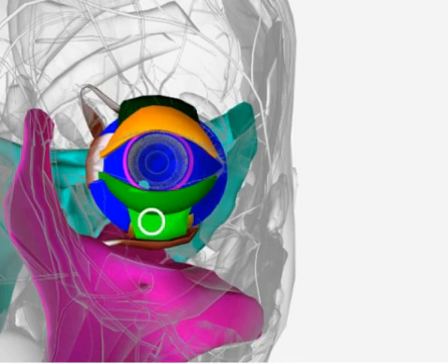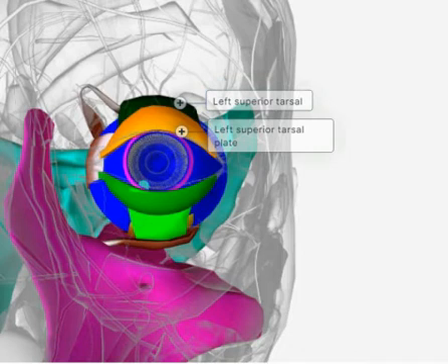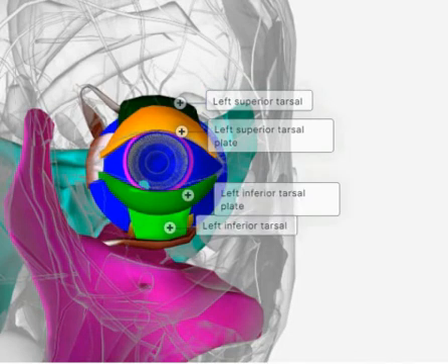The inferior tarsal muscle will originate from the fascial sheath of the inferior rectus muscle, and it will come in a forward and upward direction and attach on the inferior tarsal plate. So this is your superior tarsal muscle, this is your superior tarsal plate, this is your inferior tarsal muscle, and this is your inferior tarsal plate.